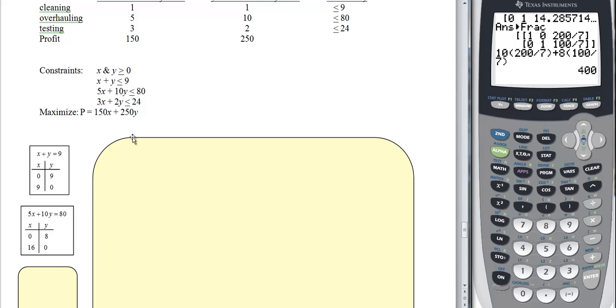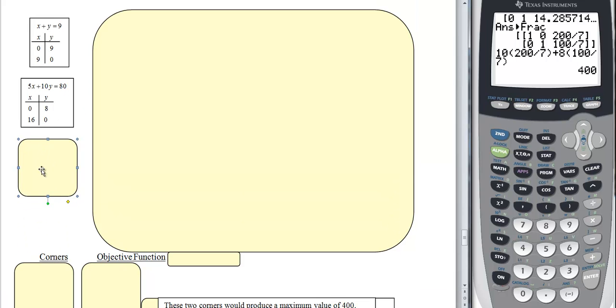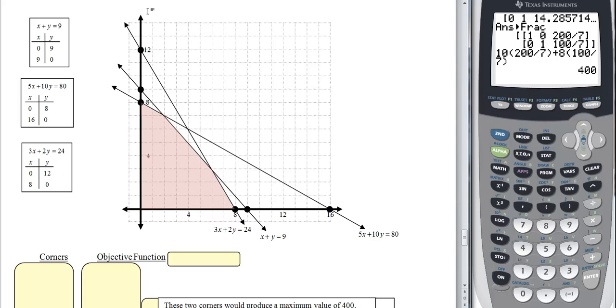Now, we've got 3 of them, and this is why it's very important that you graph them one at a time. So I did, but instead of having 4 separate slides, I went ahead and found my feasible region. So hopefully your feasible region looks like mine. It's that pretty purple, magenta, pink thing there.